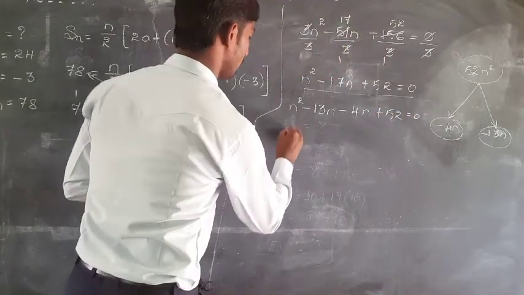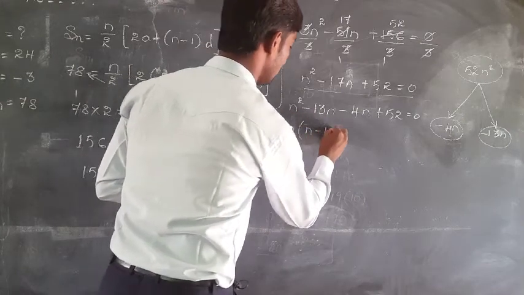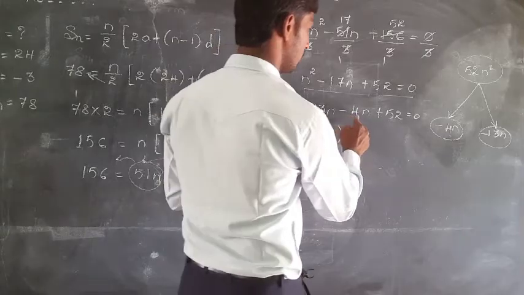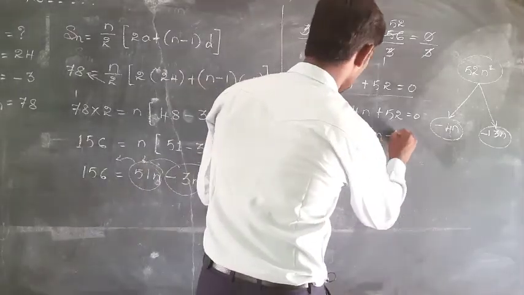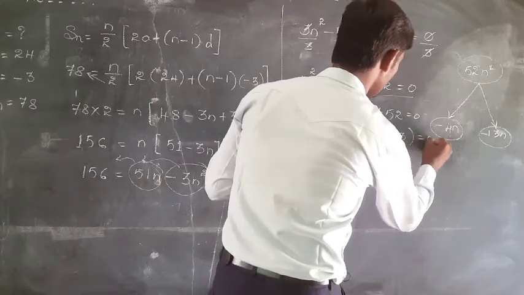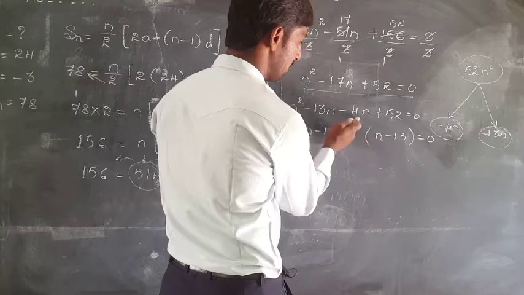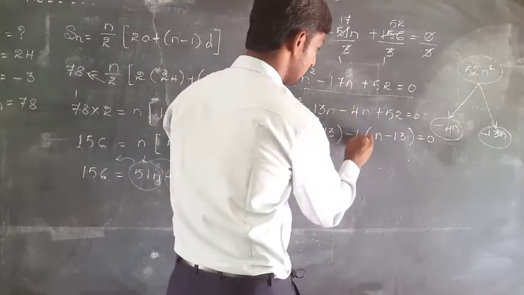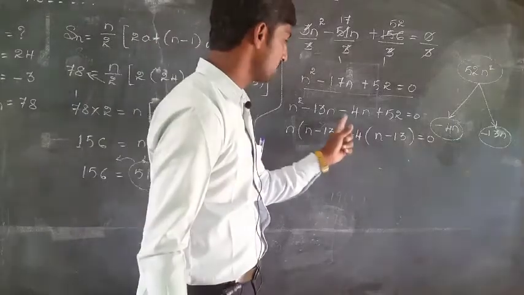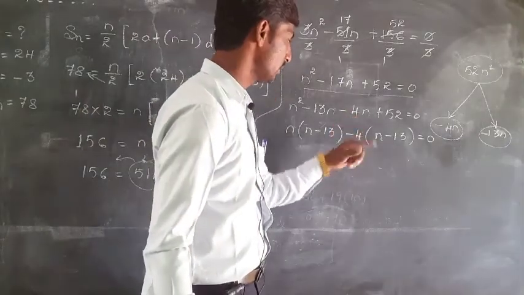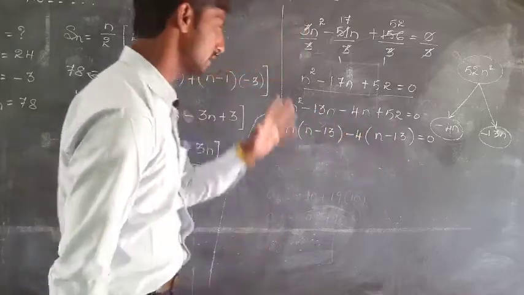So now take n as the common factor here, n of n minus 13. Again here, if one factor is n minus 13, the other factor is also n minus 13. What we forgot here, n is there already, so remaining it is minus 4, write it here. You can verify your answer, minus into plus minus, 4 into n 4n, minus into minus it is plus 4 13s, that is 52, as it is tallied.